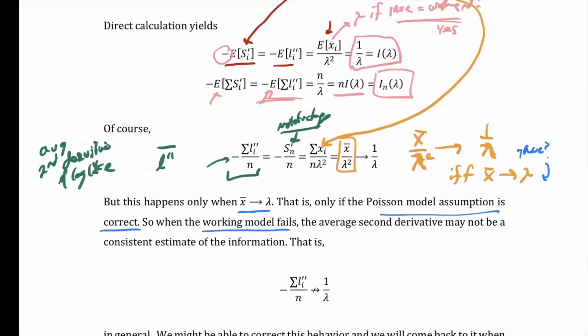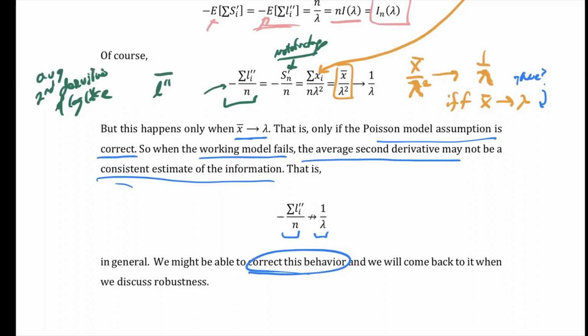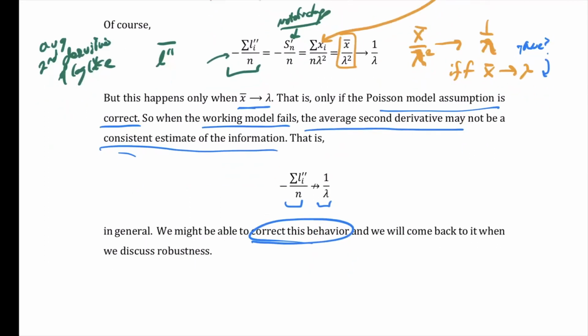So when the working model fails, the average second derivative may not be a consistent estimate of the information. That is, your estimate of the information may not go to what the true information is in general. Now, we're going to be able to correct this behavior eventually when we come back and discuss robustness. But for now, you can see why this is important to keep track of.